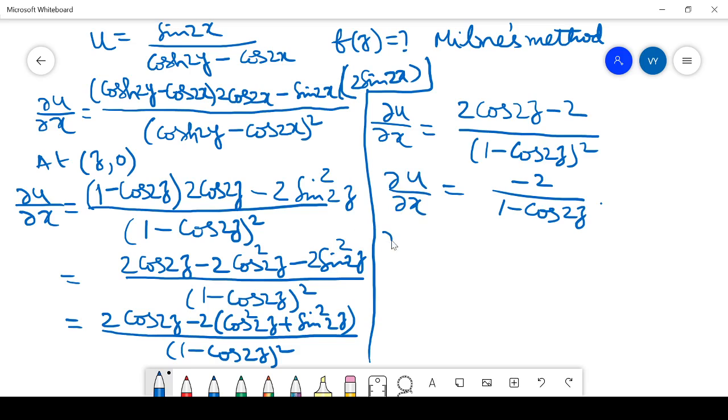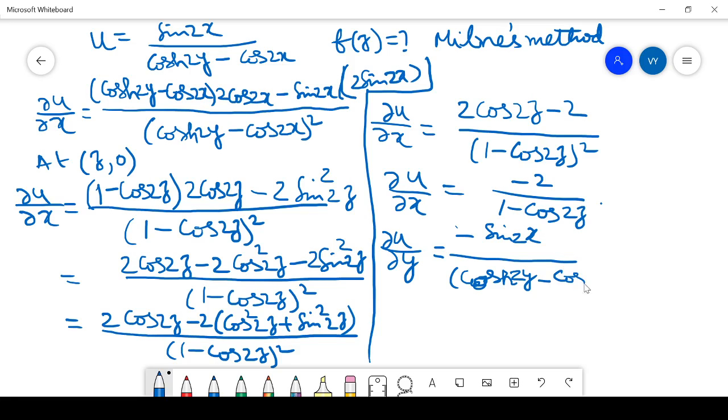Okay. And now what will be ∂u/∂y? Here I have y only in the denominator, so I will write it like this: minus sin 2x divided by cosh 2y minus cos 2x the whole square, and the differential of cosh 2y will be 2 sinh 2y.